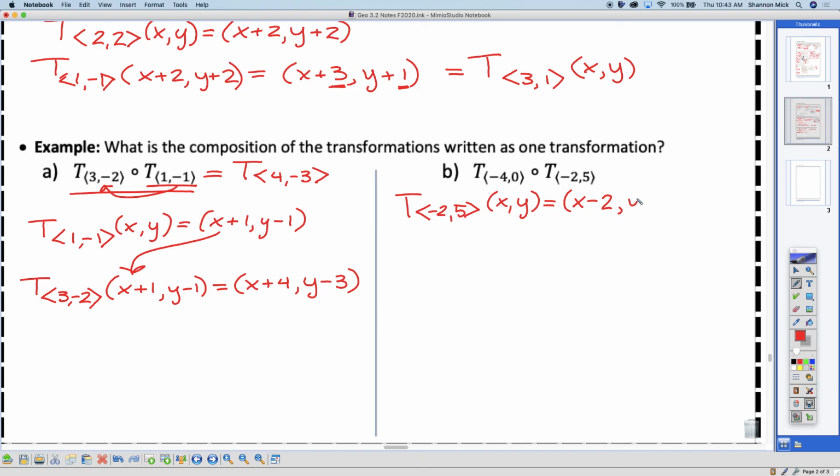What am I doing to my y's? Adding 5. Now I take my answer and put it in where? Negative 4, 0. So I have translation of negative 4, 0 on x minus 2, comma, y plus 5.